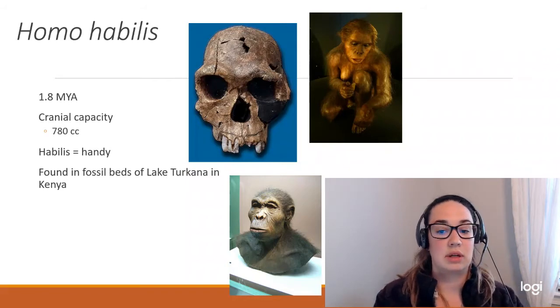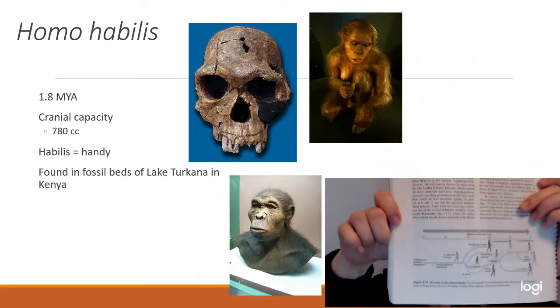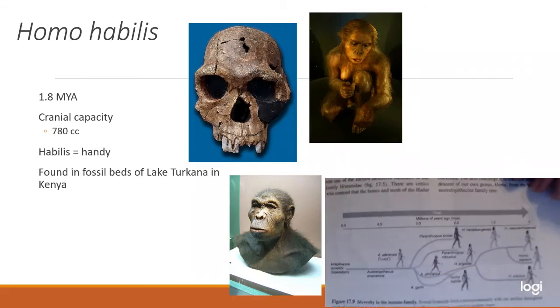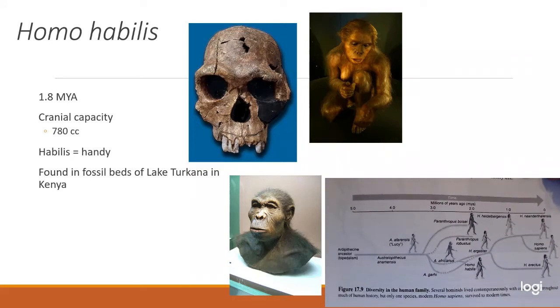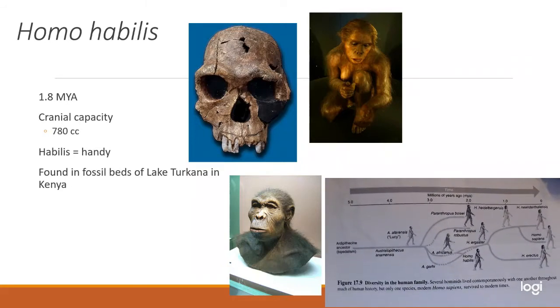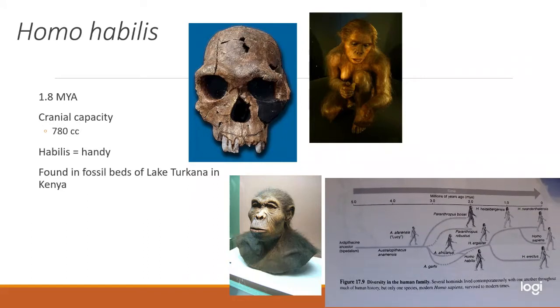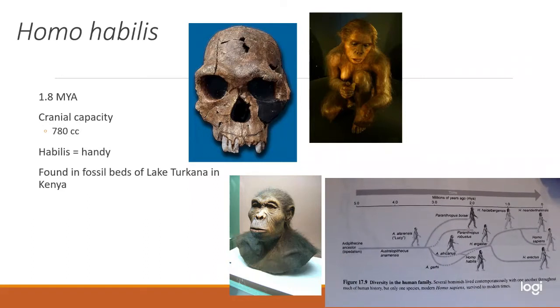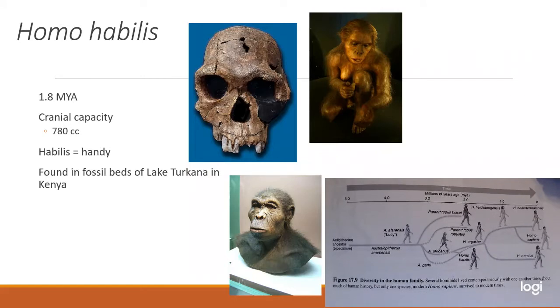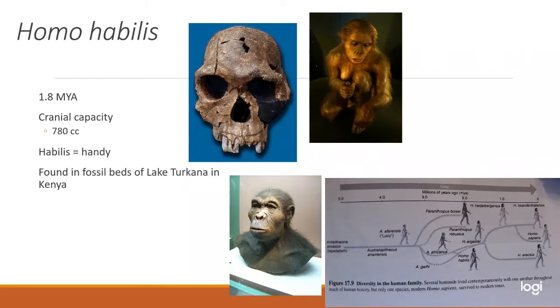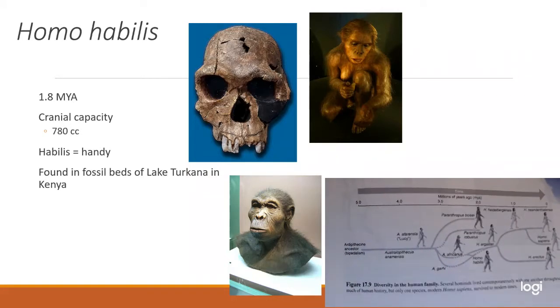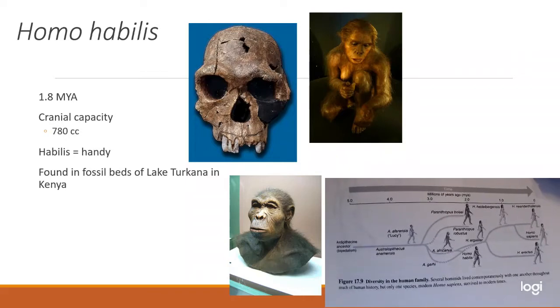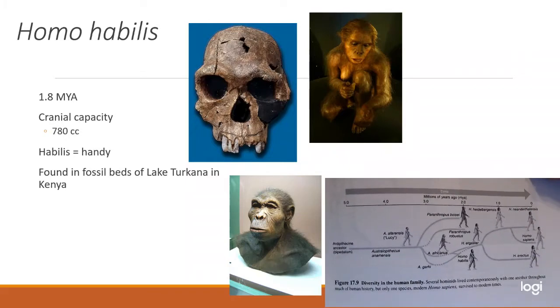This is a really good and useful tool to see the timeline of how humans and apes have evolved over time. So I recommend looking at this particular image to help track where we came from.